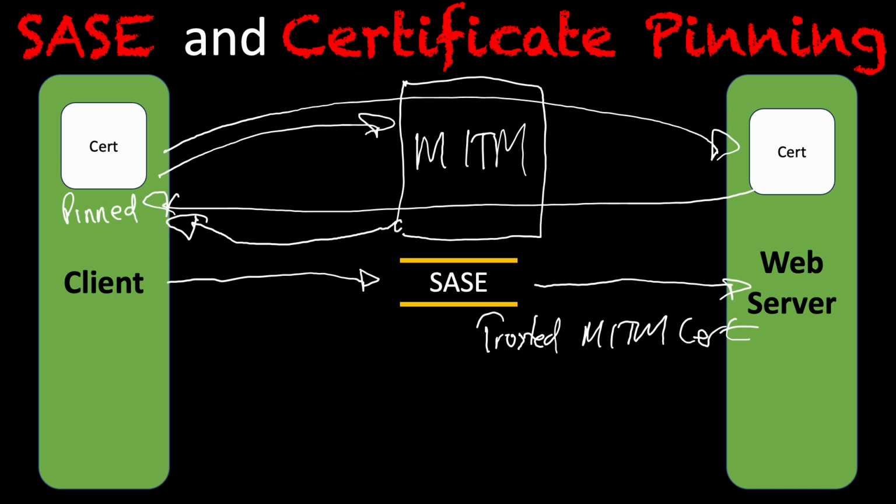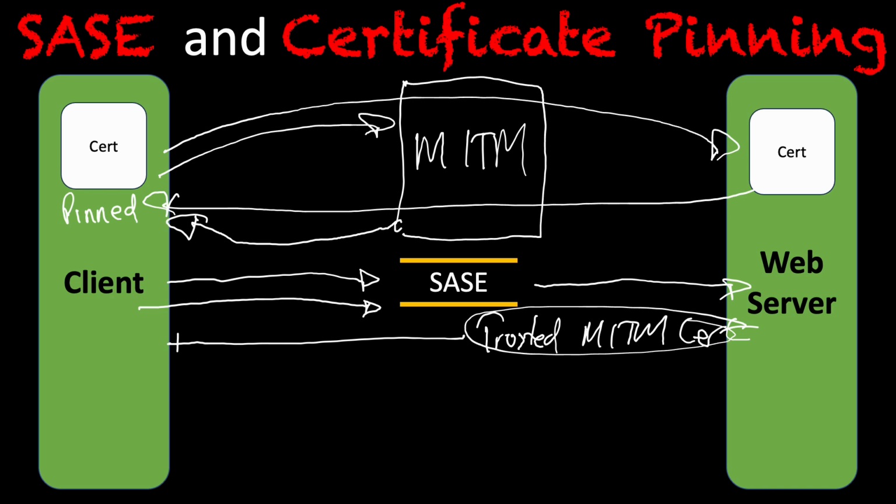In this scenario, the client makes the initial connection to the SASE platform, and this certificate is presented back to the client, not the one from the web server. The client then compares the trusted man-in-the-middle certificate provided by the SASE platform with the actual pinned certificate, and obviously it's going to fail because they're not going to match.